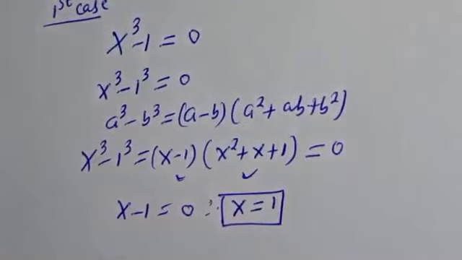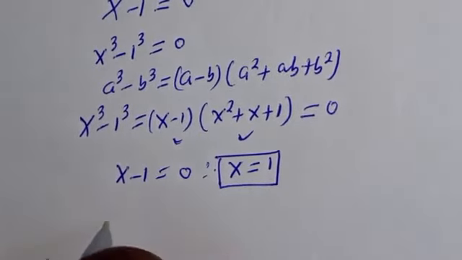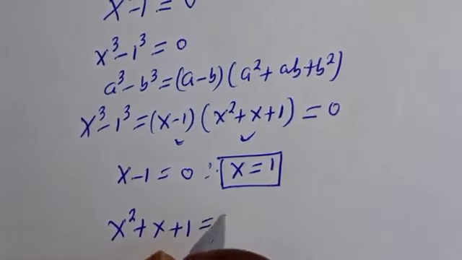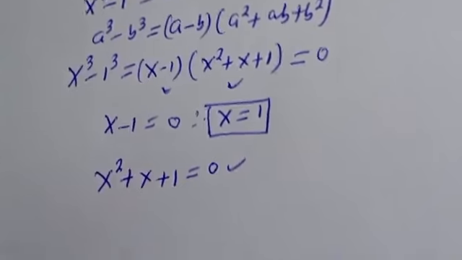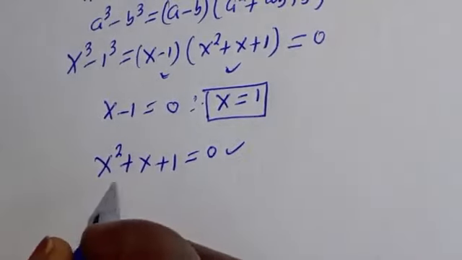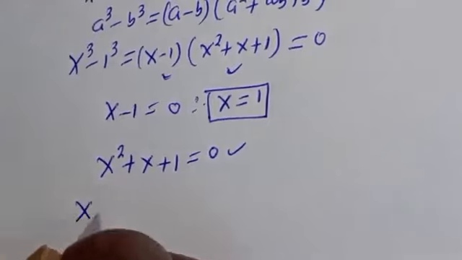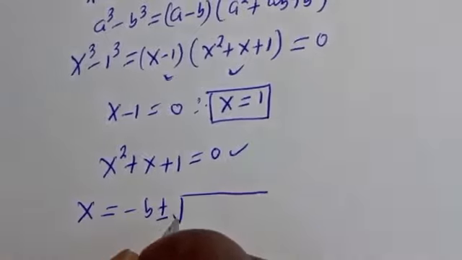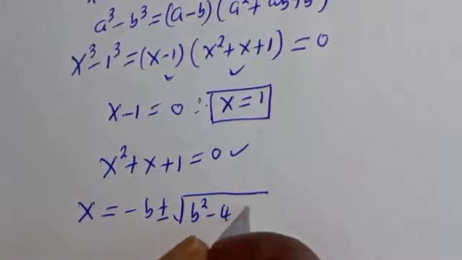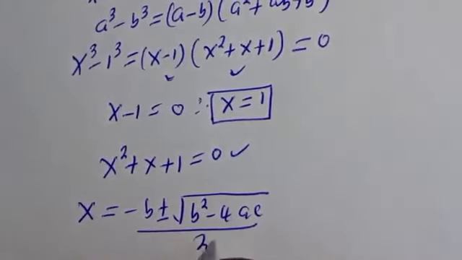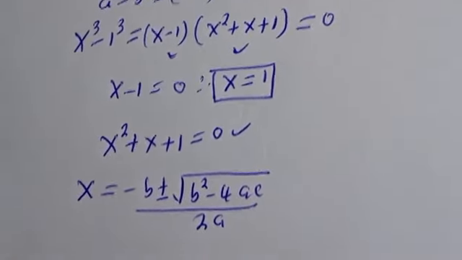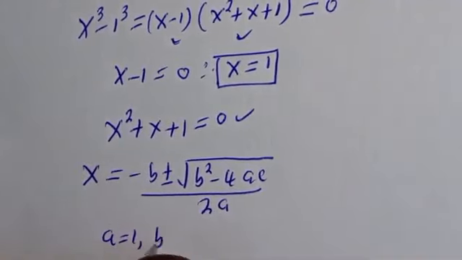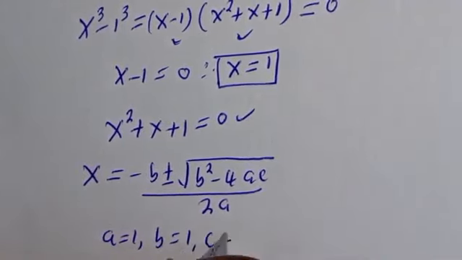And from the second case, s squared plus s plus 1 is equal to 0. This is a quadratic equation which can be solved using the quadratic general formula. The quadratic general formula is given as s is equal to minus b plus or minus square root of b squared minus 4ac over 2a. And from this equation, a is equal to 1, b is equal to 1, c is equal to 1.